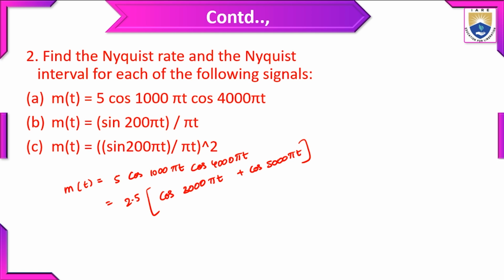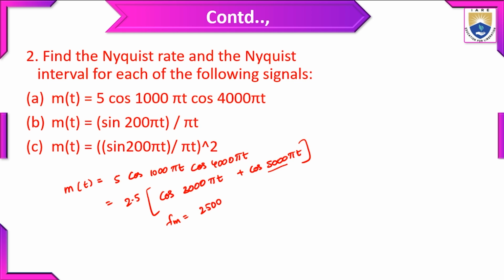Okay. So in this signal, you can consider this a composite signal. The maximum frequency component we take is 5000 pi, because this is in the form of 2 pi f. So FM is nothing but 2500. For the composite signal, we consider this one, 2500, as FM.